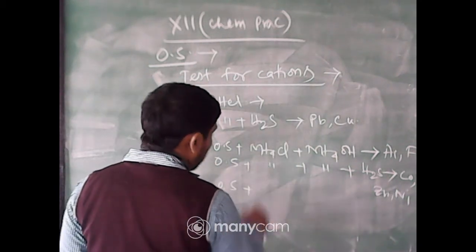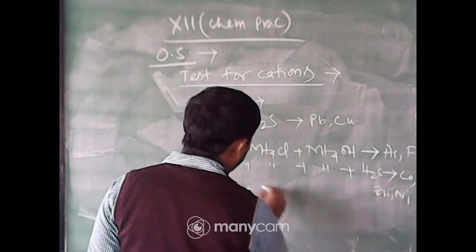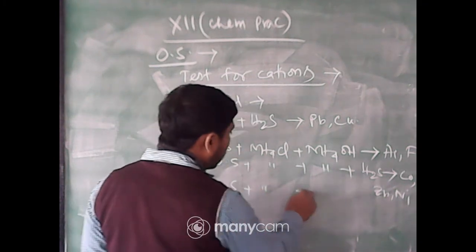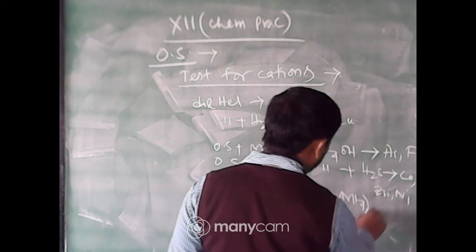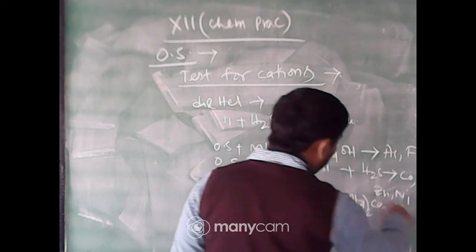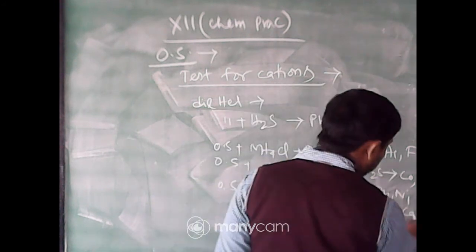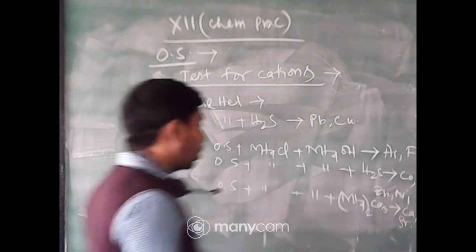Next, group 5, ammonium chloride, ammonium hydroxide plus ammonium carbonate. What are the cations present here? Calcium, barium, strontium. Okay.